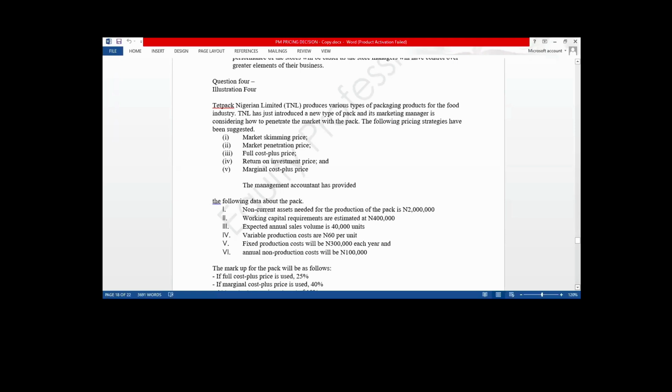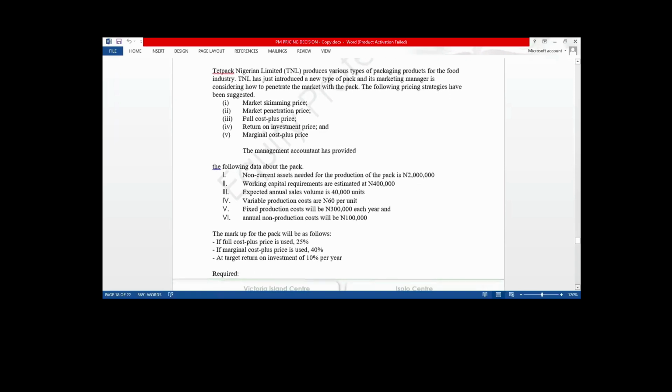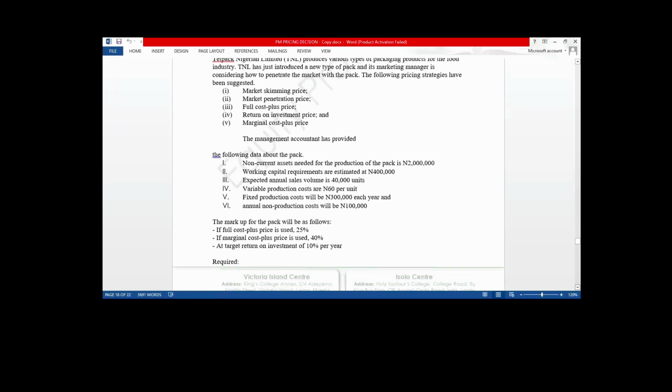Next, the markup for the pack will be as follows. If full cost plus price is used, 25%. If marginal cost plus price is used, 40%. A target return on investment of 10% per year is required.